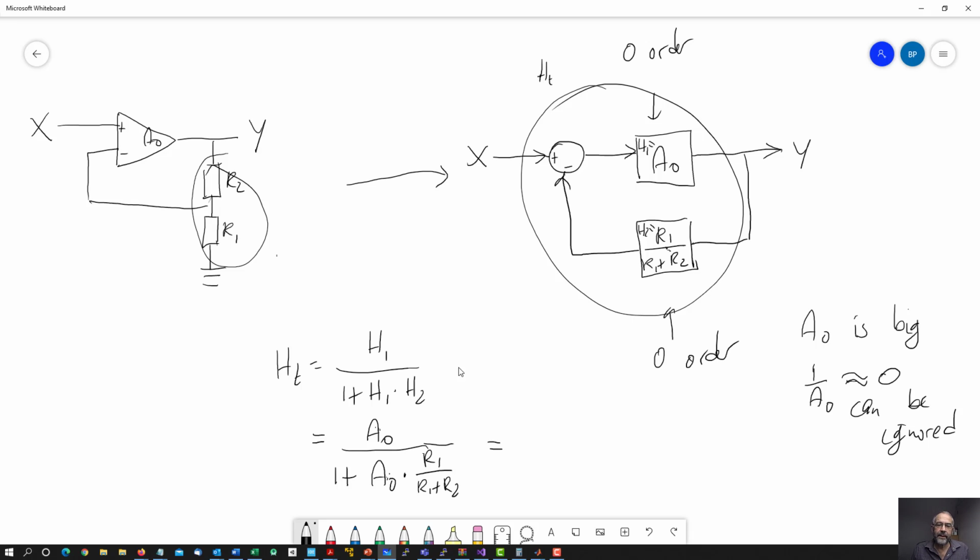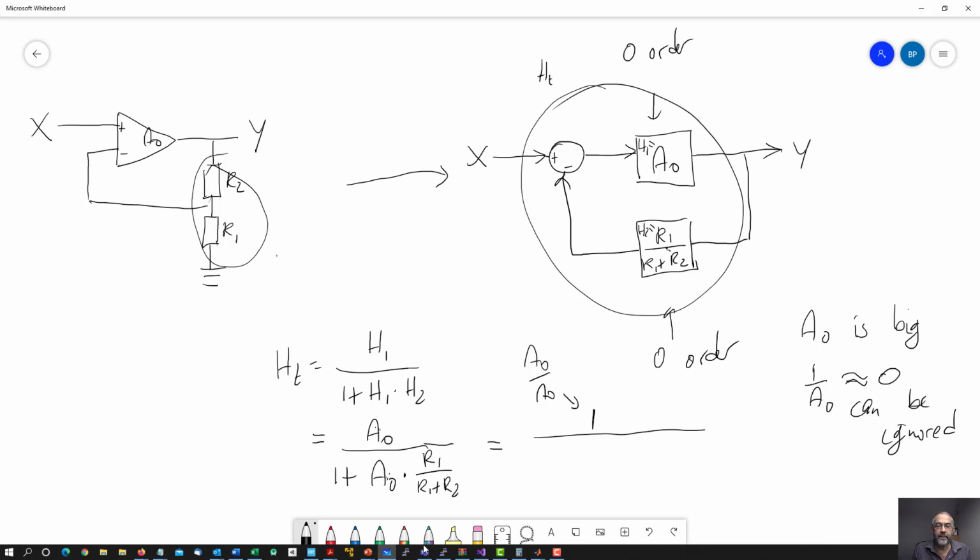Well, looking at this formula that we found for the transfer function, we don't have a 1 over A0, but I can rewrite it such that we get it, because I can divide both sides by A0. So if I divide this by A0, A0 divided by A0 gives 1.